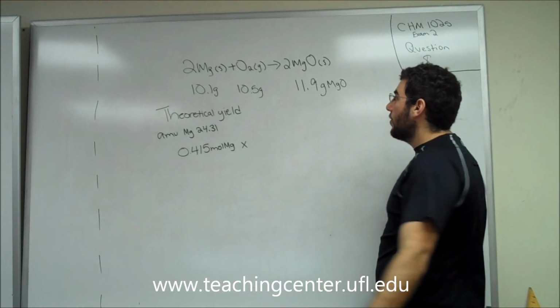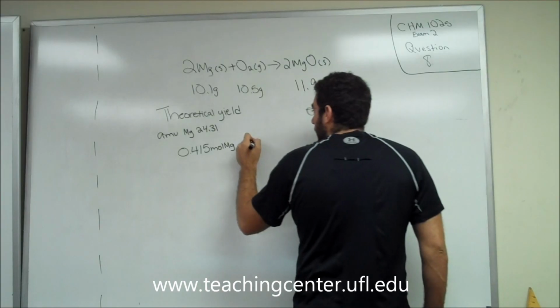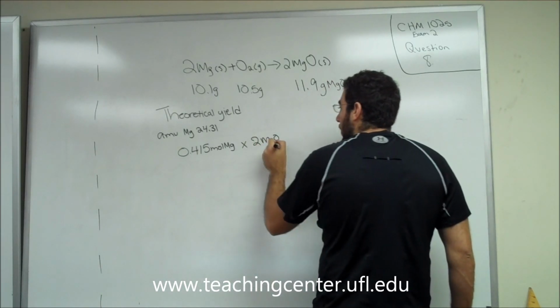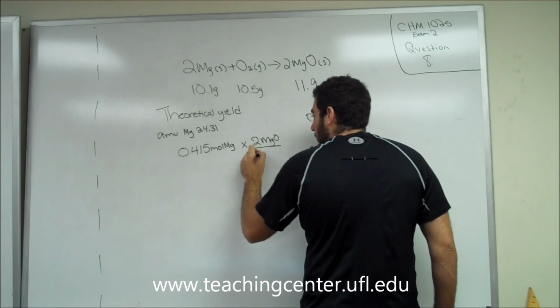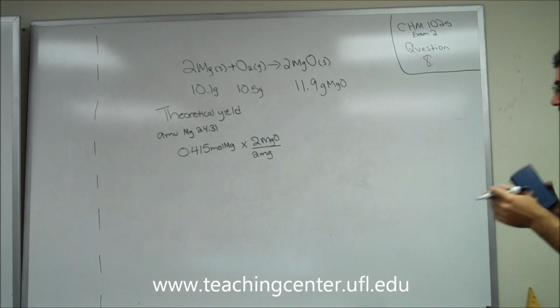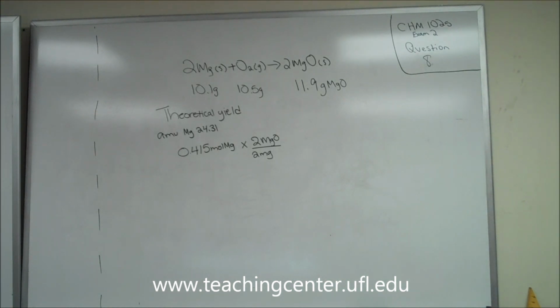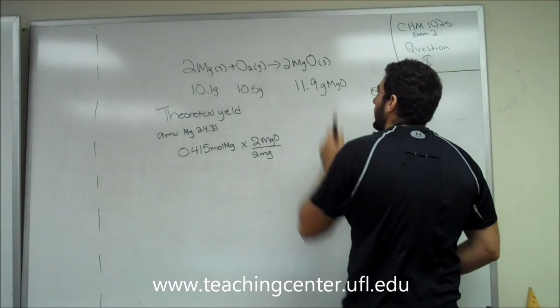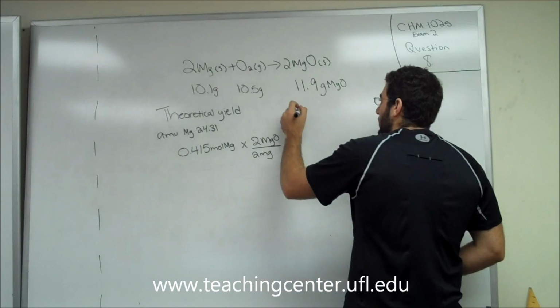Remember, unknown over known. Here we have 2 MgO, which is our unknown, compared to our known, which is 2 Mg. So, if we look at that, the ratio 2 to 2 is just going to be 1. The next thing we have to do is we have to know the molecular mass of magnesium oxide.